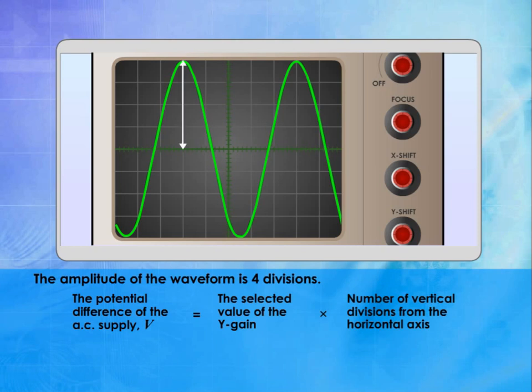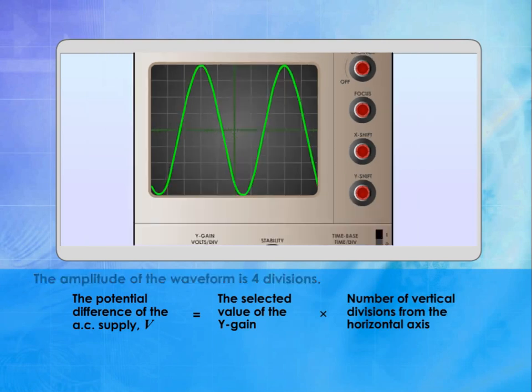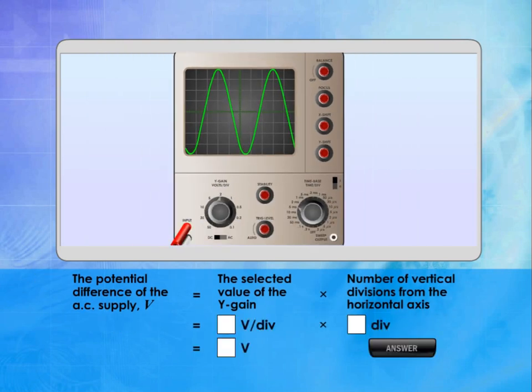The potential difference of the AC supply, V, can be calculated by multiplying the selected value of Y gain by the number of vertical divisions from the horizontal axis. Thus, the potential difference of the AC supply is 8 volts.